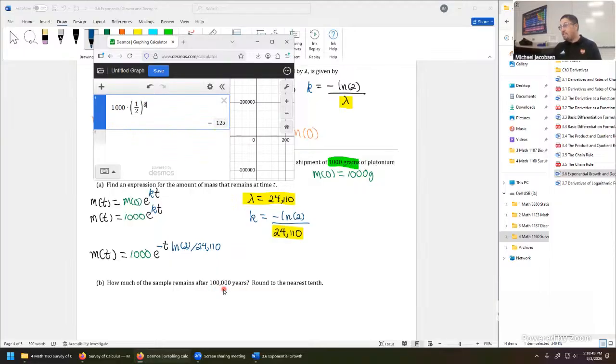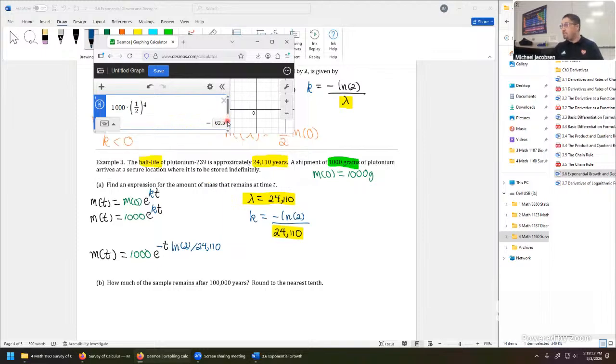And now finally, at 100,000 years, not exactly 4 half-lives, but pretty close if we're rounding bluntly, we're expecting something on the order of magnitude around 62.5 grams. Our value is going to probably be a little bit less because a half-life is a little bit quicker than 25,000 years. So this gives us some kind of back of the envelope computation.